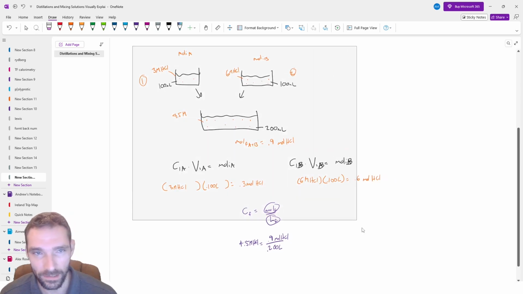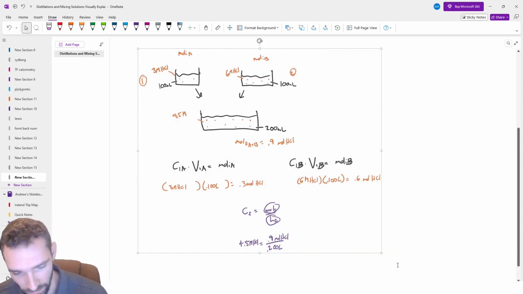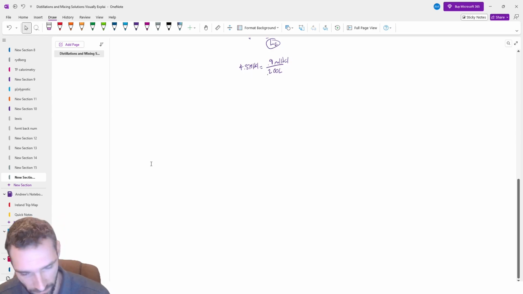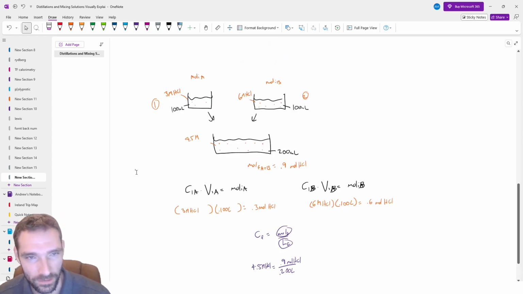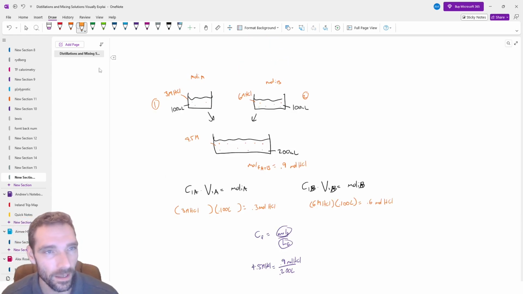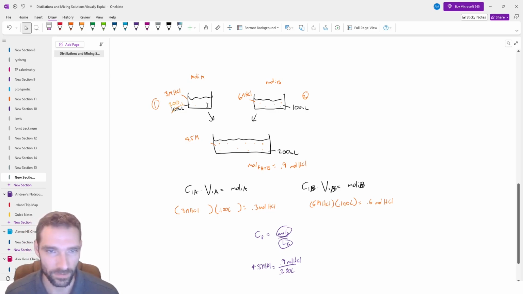Now, it does change a bit depending on how much volume you're using of these two solutions. So if I were to change the volume here and say that I actually have 200 milliliters of this solution, and I'm mixing it with 100 milliliters of this other solution, suddenly things are a bit different.